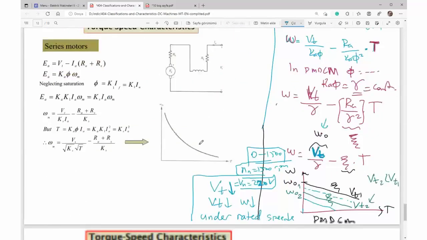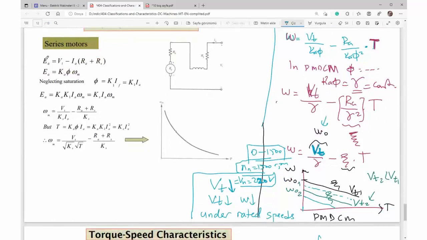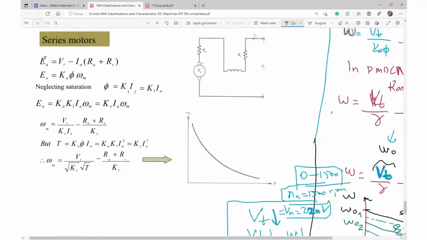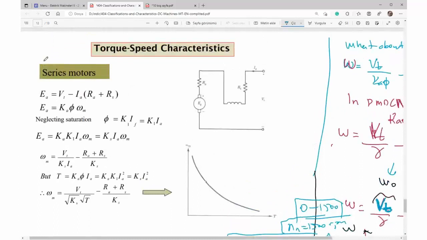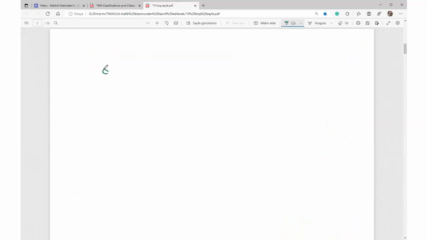What about series motors? It is a bit complicated and has a very unique, very important characteristic. Okay, let's draw the connection diagram. That is the equivalent circuit. Here's the armature of the DC motor. Let's say A1, A2, those are armature connectors or terminals.